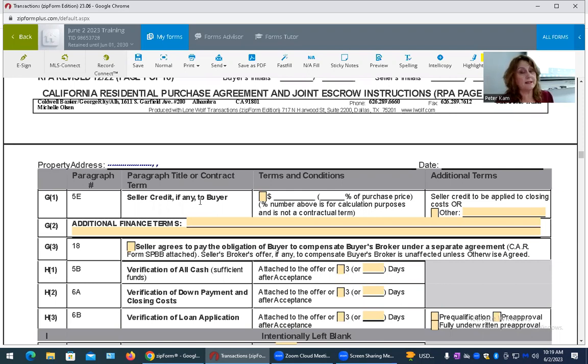But we won't be in that situation because we're going to be talking to the lender in advance. You can see right here, it defaults to seller credit to be applied to closing costs. But if you're ever in a situation, you can try to see if they can reduce the purchase price. That's up to the seller, but at least you're swinging the bat for your client. You want to take the best care of your client, but the best way to do it is to be talking to the lender.